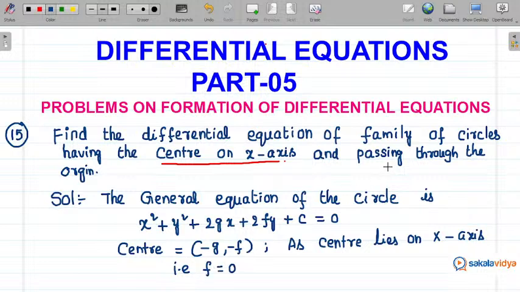And it passes through the origin, and passes through origin means c becomes 0. That means in the place of x, y put 0, 0, so c must be 0. That is why now we are going to get the equation of the family of circles having center on x-axis and passing through the origin. So that we are going to write now.